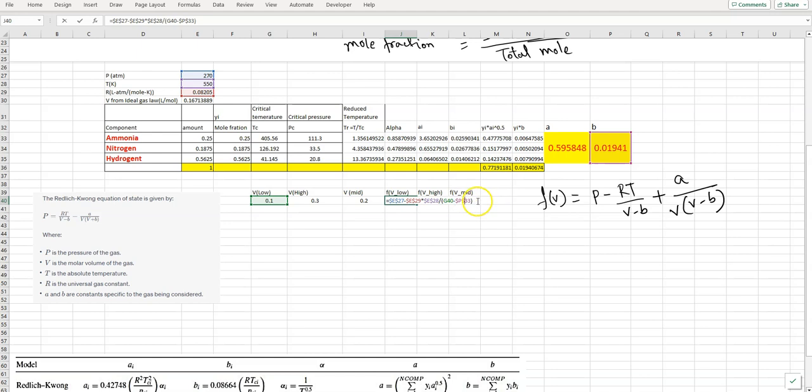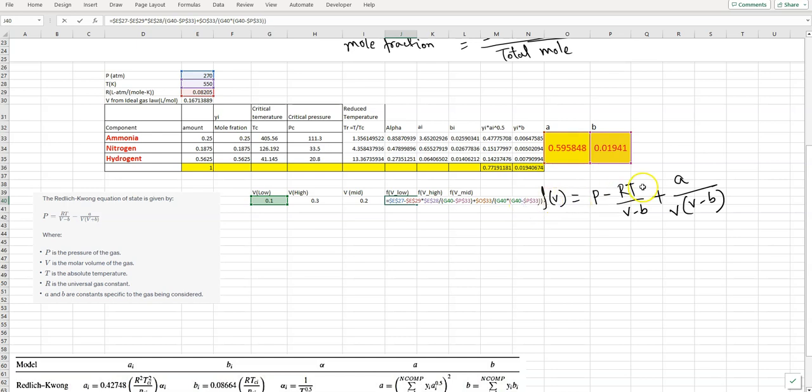Plus a will also not change, so I'm marking it with a dollar sign, divided by v, which will change, times v minus b, where b will not change.